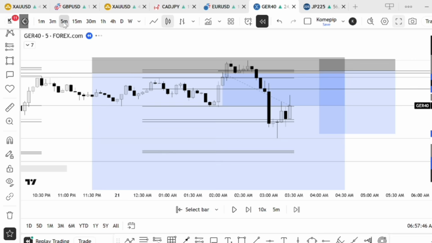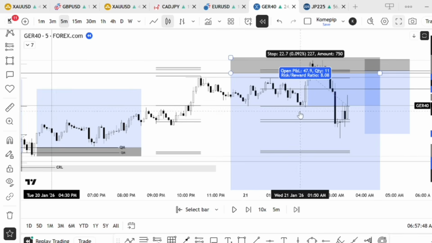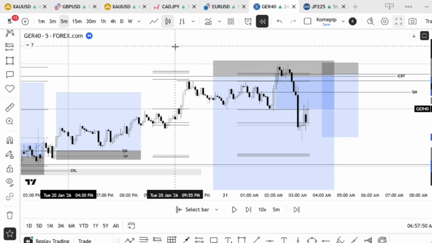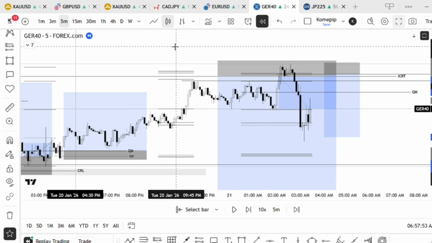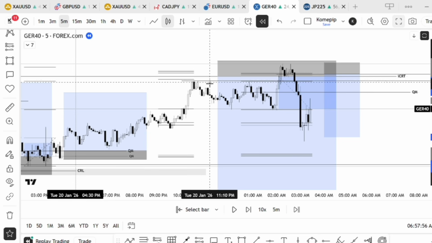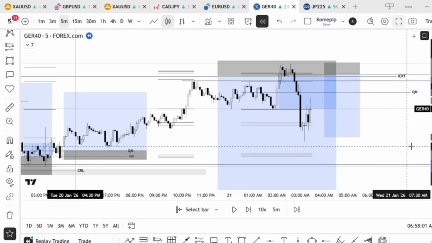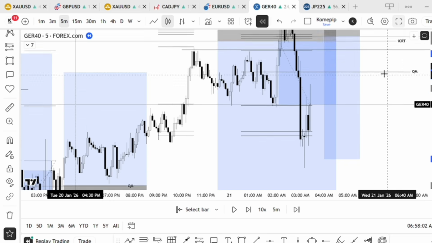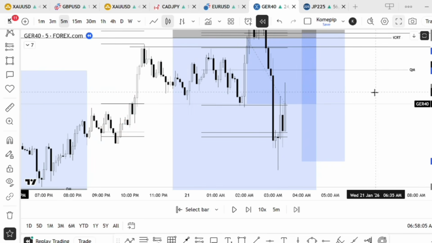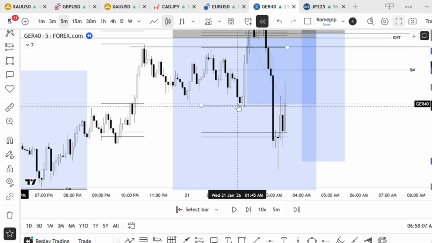I can choose to go to the lower time frame, like 5 minutes, and look for a potential zone for my setup from potential entries. And in this scenario, which area could that be?